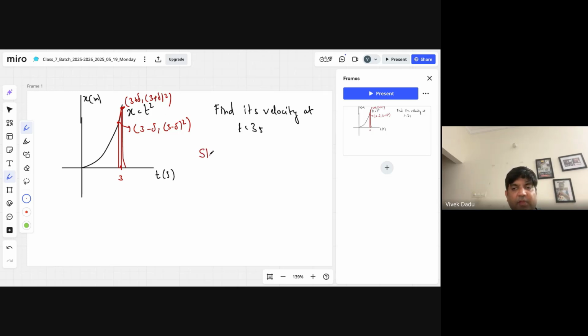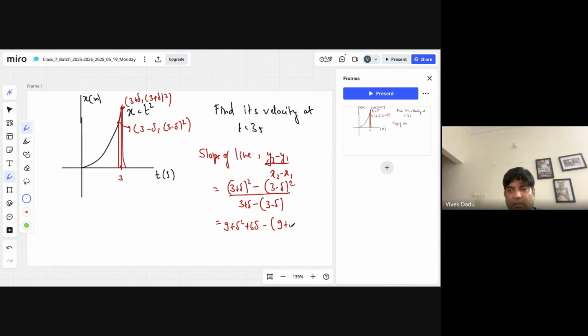Now I find the slope of the line because the slope of this line represents velocity. y2 minus y1 upon x2 minus x1, which is (3 plus delta) whole square minus (3 minus delta) whole square upon (3 plus delta) minus (3 minus delta). This becomes 9 plus delta square plus 6 delta minus 9 plus delta square minus 6 delta upon 2 delta.